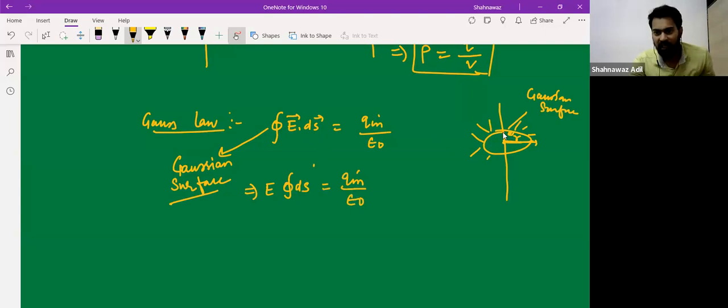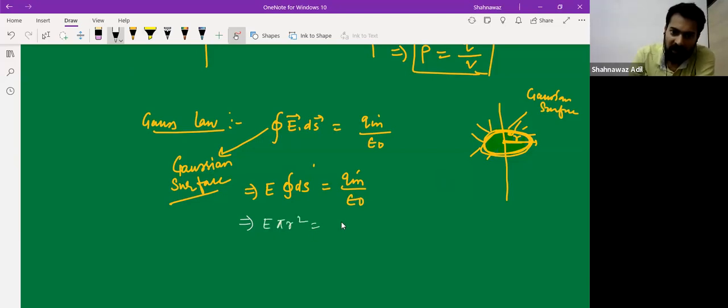You can see that this is the shape of a circle whose radius is r. So what would be the area? This would be pi r square.